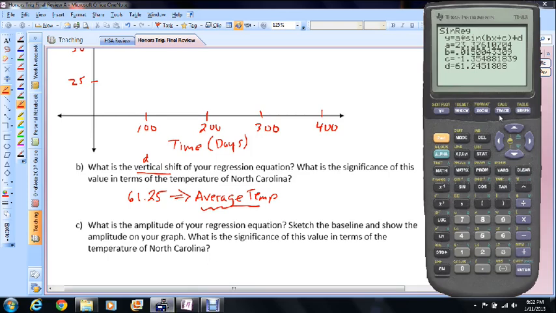So if I go to my window, I've already got mine set up just like our graph here is. I don't really worry about the x scale and the y scale, but I did put an x min of 0, because that's where our x values start, all the way up to 400. Then my y min is 0, all the way up to 100.